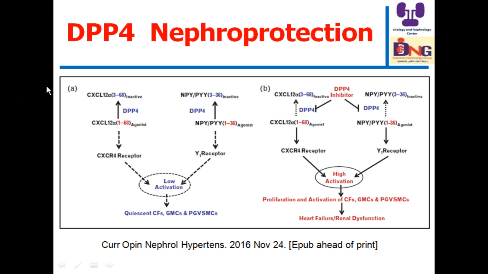Or if the chemokines and neuropeptide Y are high, and we block their metabolism, we will be keeping these devils that can lead to heart failure. So at this point, DPP4 inhibitors are not friends. And keeping in mind their friendship, we may use them plus chemokine receptor blockers and neuropeptide Y receptor blockers. So this is the changing paradigm in the concept.